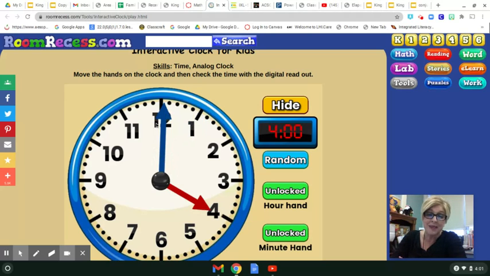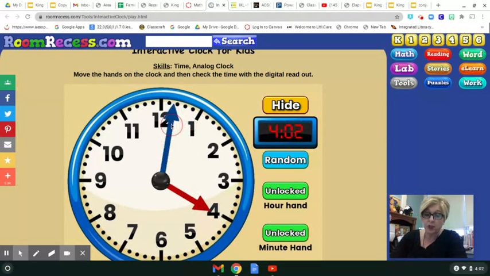Now, again, Mrs. Gannum yesterday started to talk about what we do when the minute hand goes to the first big number, or any number for that matter, 1, 2, 3, 4, 5, all the way to 12. Every time the minute hand travels to a number, that's 5 minutes.